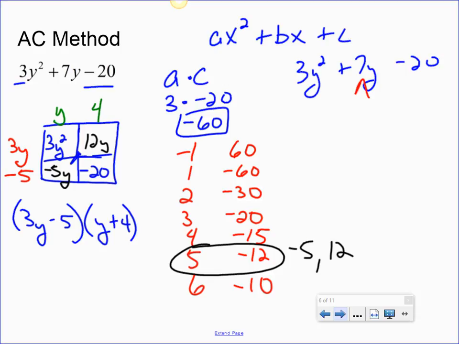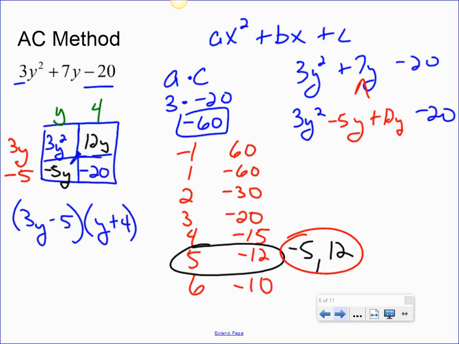The factors down here that add up to a positive 7, but multiply together to give you a negative 60. So I would simply rewrite this expression as 3y squared, minus 5y, plus 12y, minus 20. And then I would go about my grouping method.